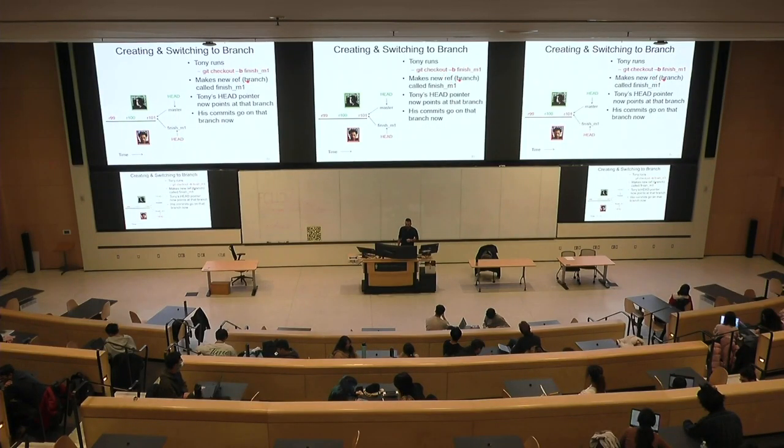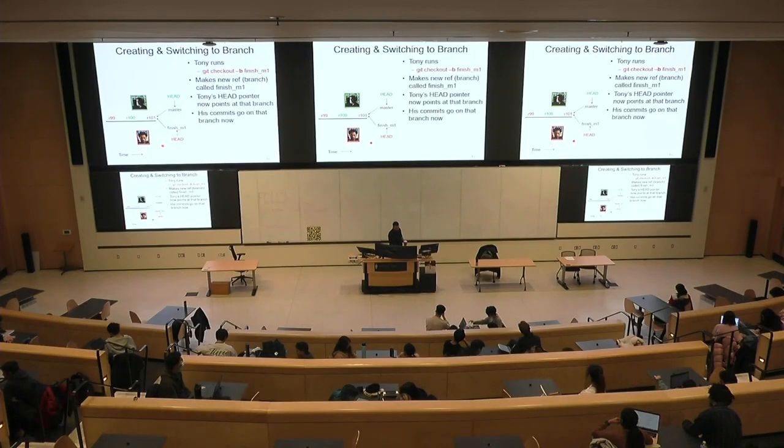Yeah. So finish M1 is a new branch he wants to work on and make new changes on top of. Once finish M1 is created, now Tony's head pointer is pointing to the commit at the tip of finish M1. So here you can see that master, or Bruce's head, is still pointing to master, while Tony's head is pointing to finish M1.